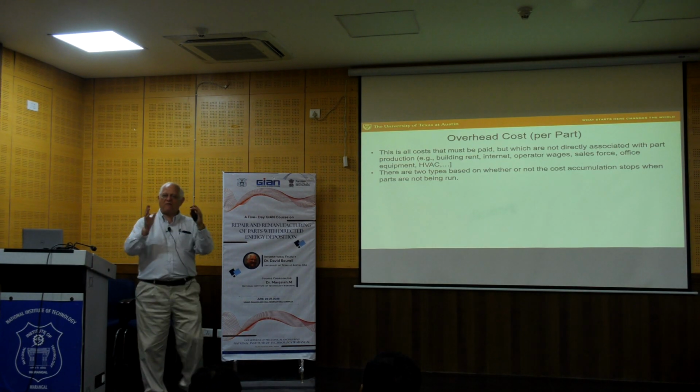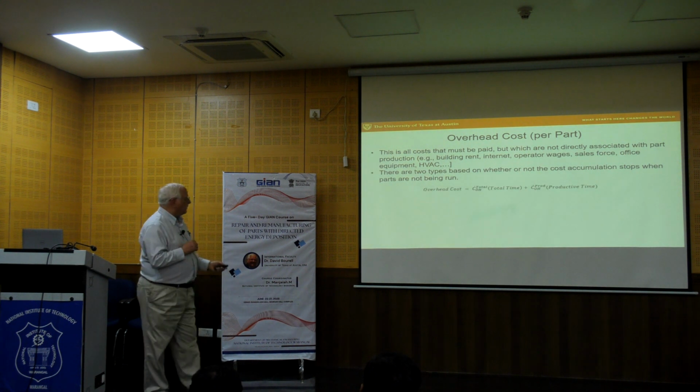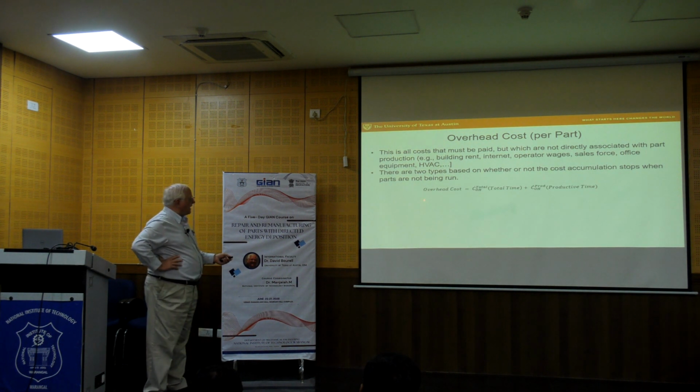So which bucket I put the cost into for overhead depends on whether the cost stops when the machine stops running parts or not. And so what we have for the overhead cost is an overhead cost rate.